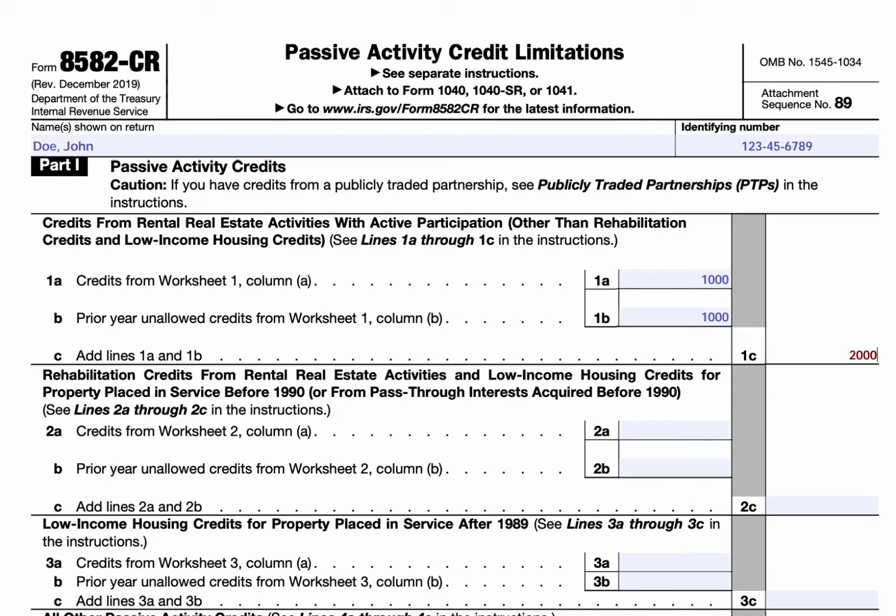like an S corporation or a partnership, and that has low-income housing credits, if you acquired that interest prior to 1990, it does not matter when the interest acquired the low-income housing or qualified for the credit. The fact of the matter is your interest in the pass-through meets that prior to 1990 timeline.